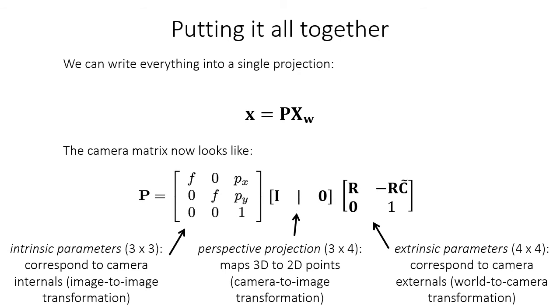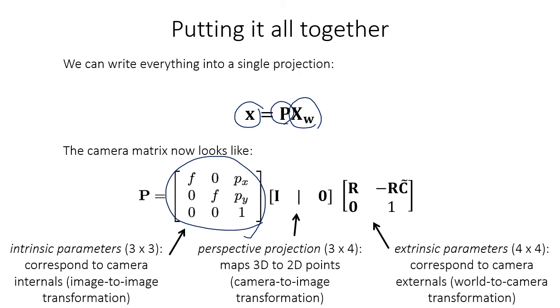Finally, this 2D point in image plane can be represented by camera matrix and 3D point in world coordinate. So it consists of this matrix. We call it intrinsic parameter 3x3 matrix.